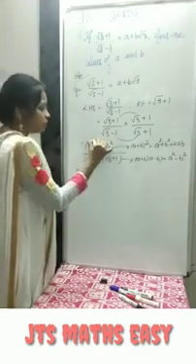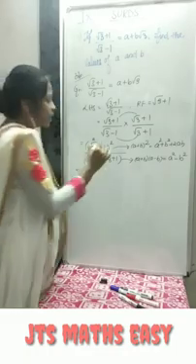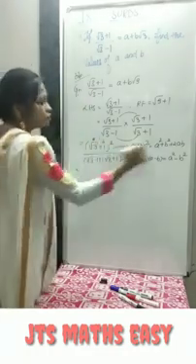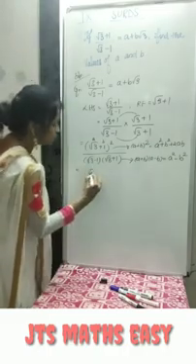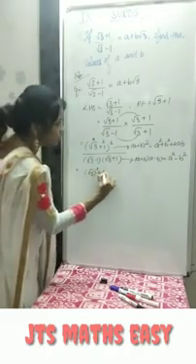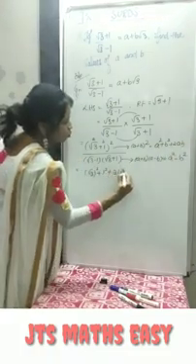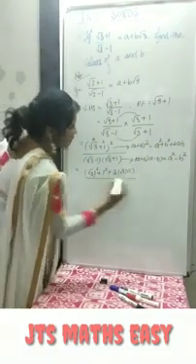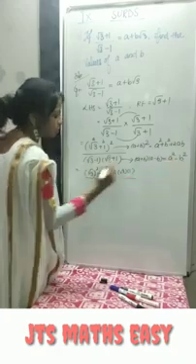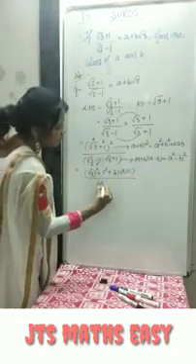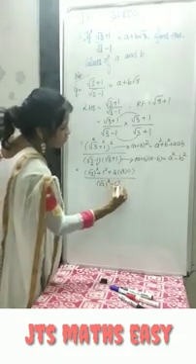Now you have to replace this identity for the numerator and the denominator. In the place of a we substitute root 3, and in the place of b we substitute 1. So now you substitute here. Root 3 the whole square plus 1 square plus 2ab, so 2 into root 3 into 1, divided by a square minus b square, which is nothing but root 3 square minus 1 square.